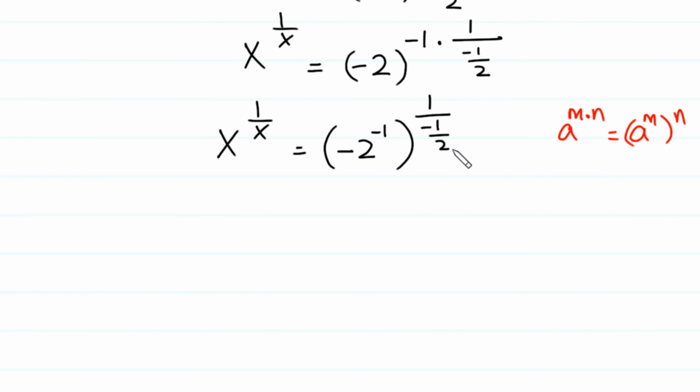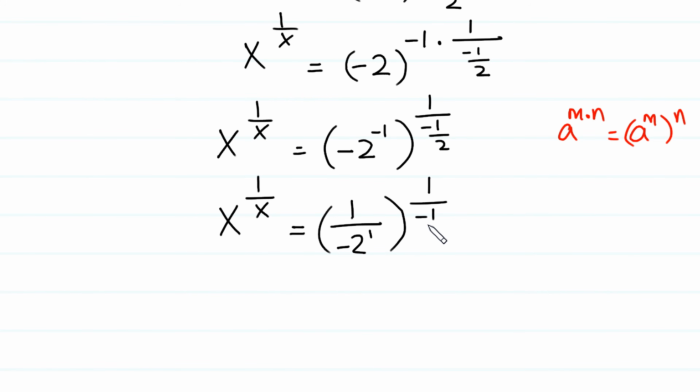Next, x to the power 1 over x is equal to, this negative 2 has power negative 1. To make this power positive, we write it as 1 over negative 2 to the power positive 1, to the whole power 1 over negative 1 over 2.